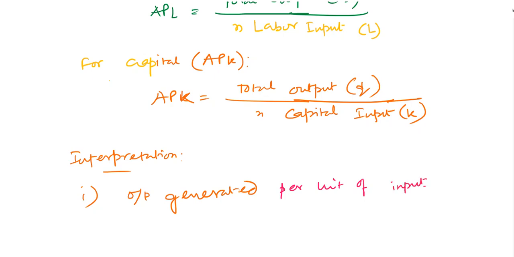And the second point is that, for example, if the average product of labor is 5, it means that on average each unit of labor, such as a worker, produces 5 units of output.